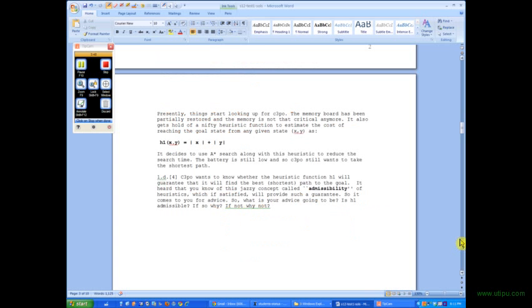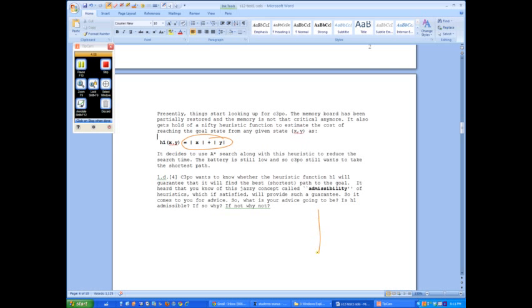Now for the last one, we are talking about mod x plus mod y, absolute values. That's essentially Manhattan distance, and Manhattan distance won't be admissible because you can make diagonal moves.